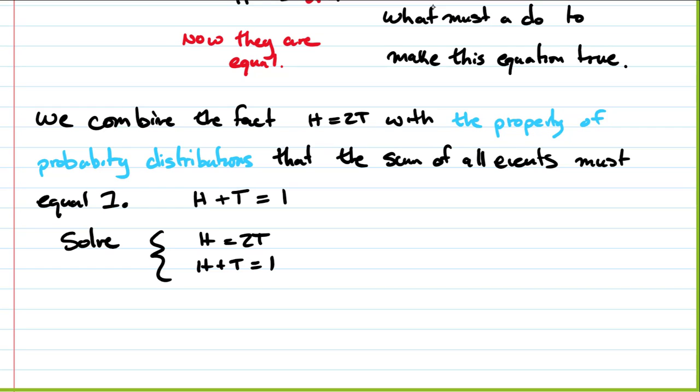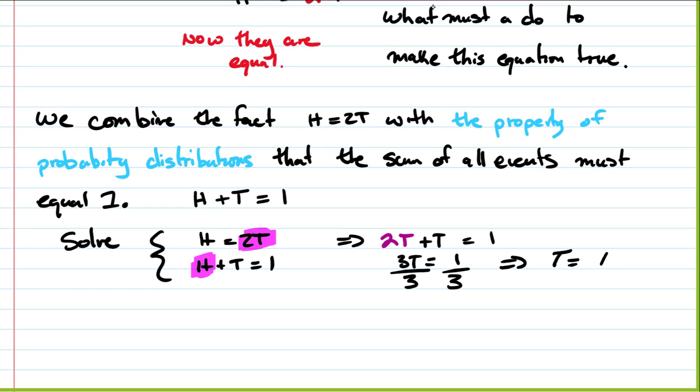So in this case, it's pretty easy to do substitution, because if h is the same as 2t, we get the following equation. 2t plus t has to equal 1, so 3t equals 1, divide by 3, divide by 3, we get t is 1/3.